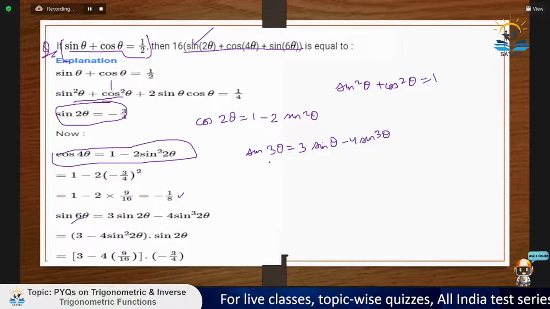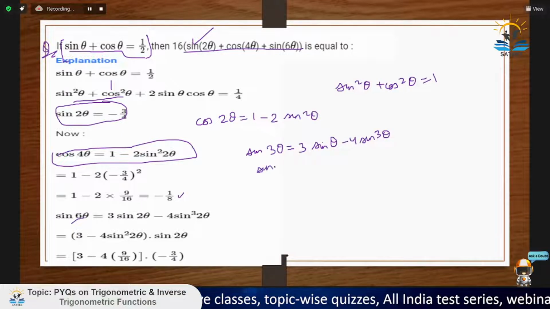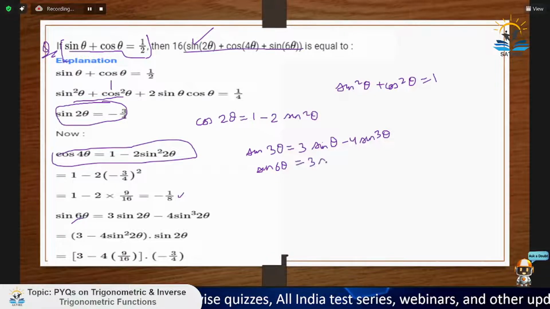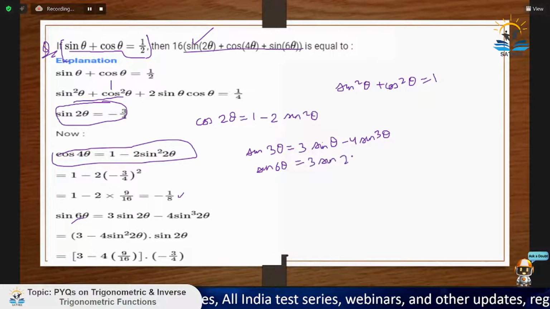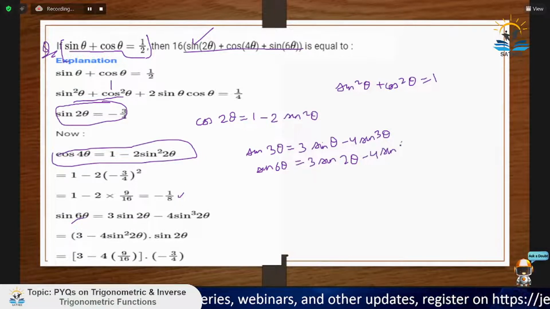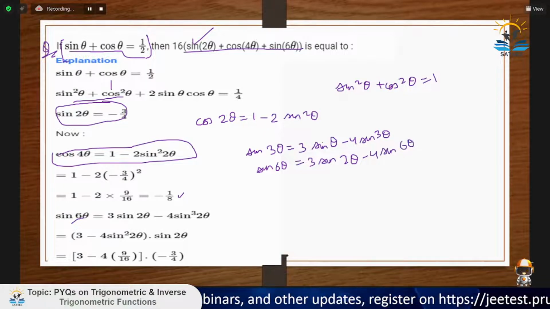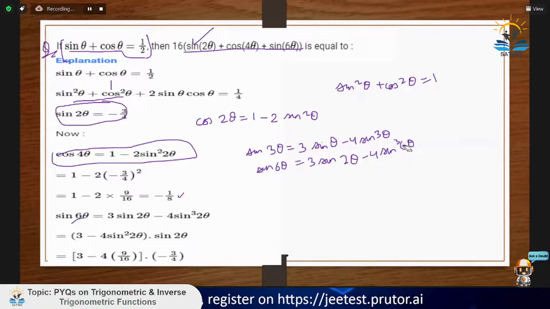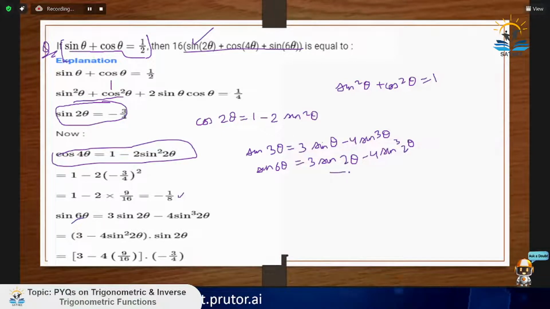And now take theta equal to 2 theta, so you will be getting sine of 6 theta, replacing theta by 2 theta, so it would be equal to 3 times sine of 2 theta minus 4 times sine cube 2 theta. Sorry, it is not sine 3 theta, it is sine cube theta. So sine cube 2 theta. Okay, now you know the value of sine 2 theta. Just put the values and you will get the value for sine 6 theta.